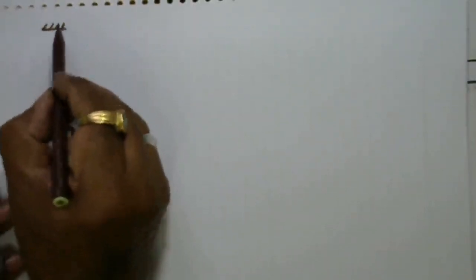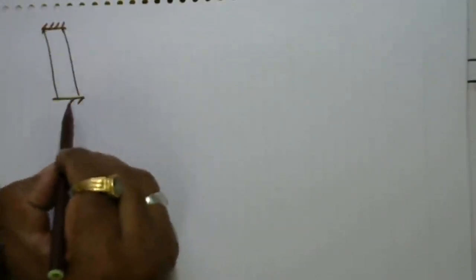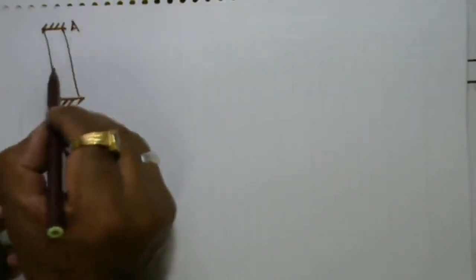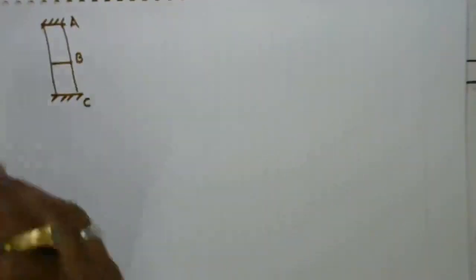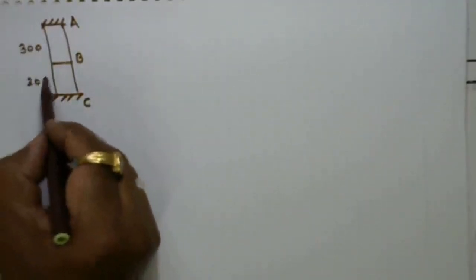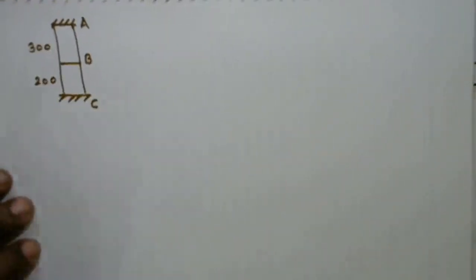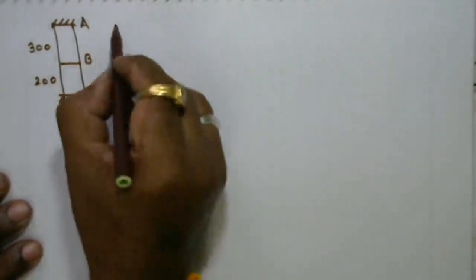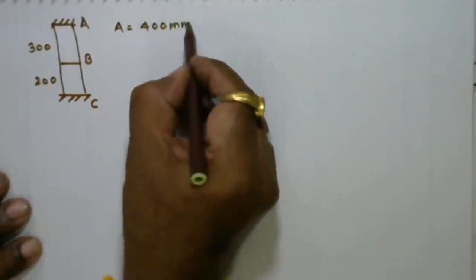First we will take its FBD diagram. The diagram is given. Point A, this point B, and lastly C. According to that, the first section is 300 mm, the other is 200 mm, and the size of the bar is given as 20 by 20, so the area becomes 400 mm square.